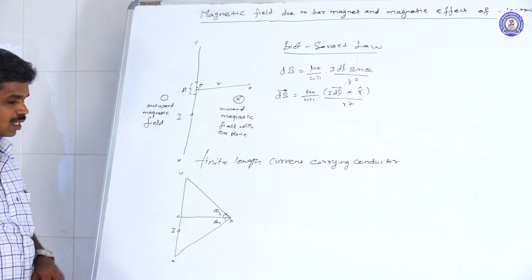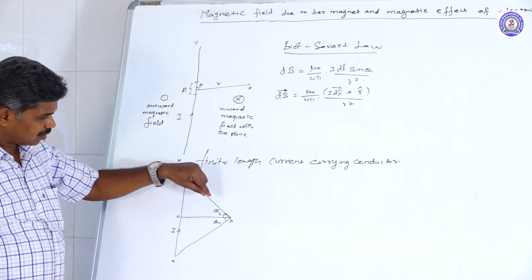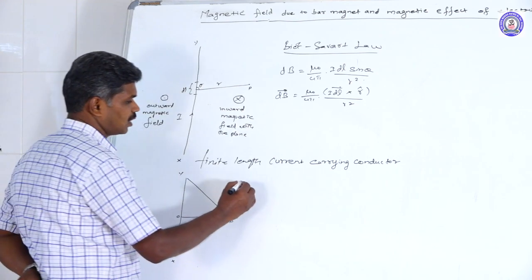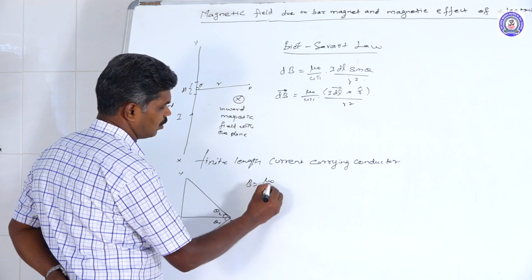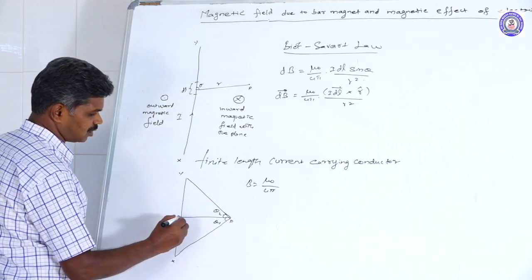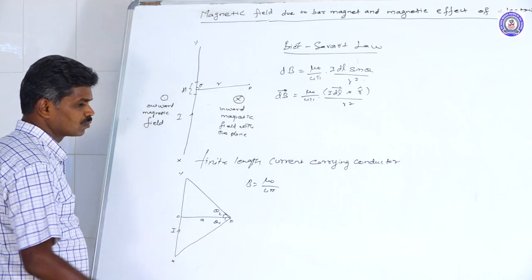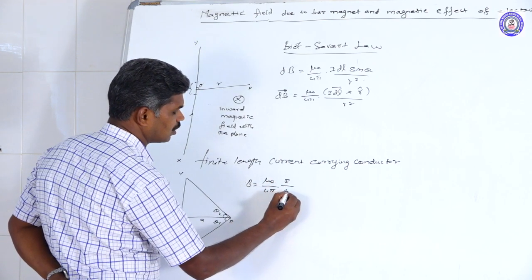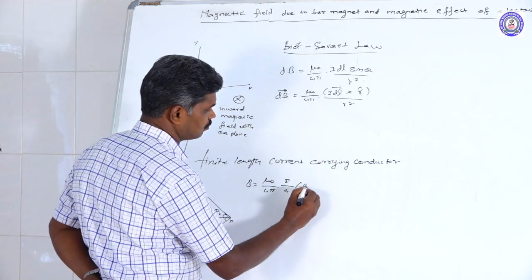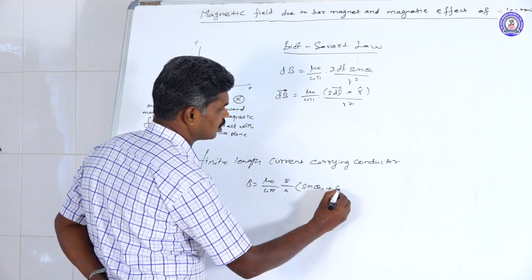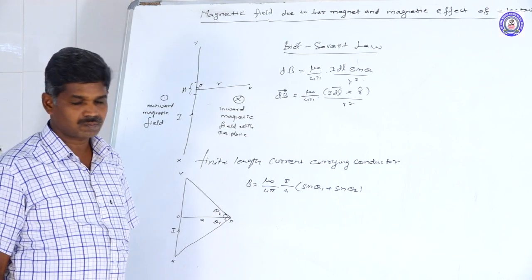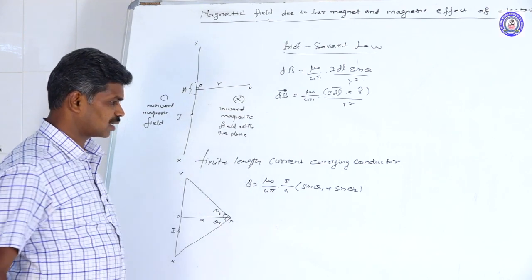Based on the Biot-Savart law, we can express the magnetic induction due to the finite length current carrying conductor at point P as B is equal to mu naught by 4π into I by a, where a is the distance from the conductor, into sin theta 1 plus sin theta 2. This can be derived from our Biot-Savart law for a finite length conductor.